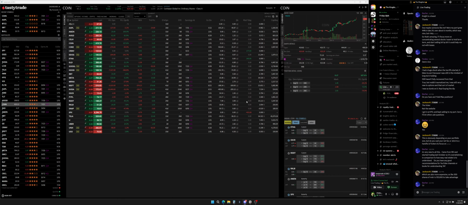Let's do 20. Not quite what I want still, but you could do a vertical spread where this is only going to take $400 of buying power. Your max loss is $395. Max profit's $1. It's not great, but it's a way to play with the bigger tickers with less money.